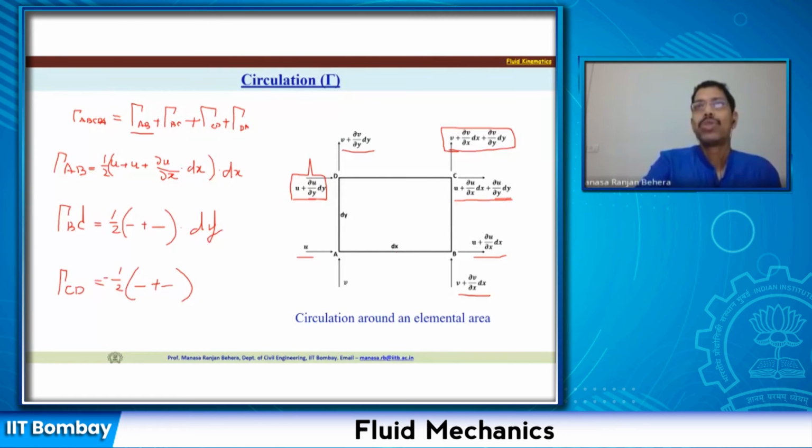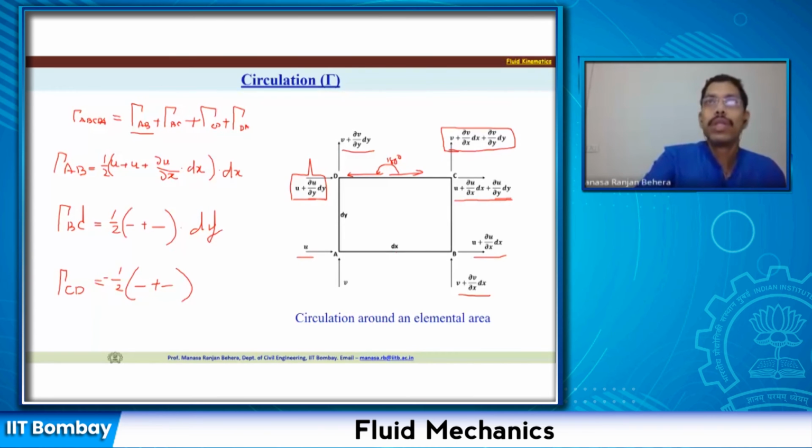So your velocity is in this direction, and my tangent to this line is going to be in this direction. So the angle, if I measure, is theta, which is 180 degrees, isn't it? If I take cos 180, it gives me -1.